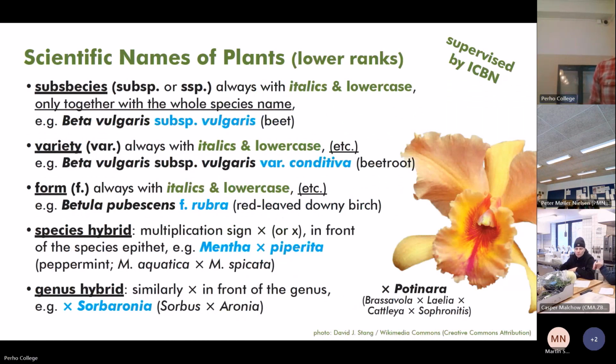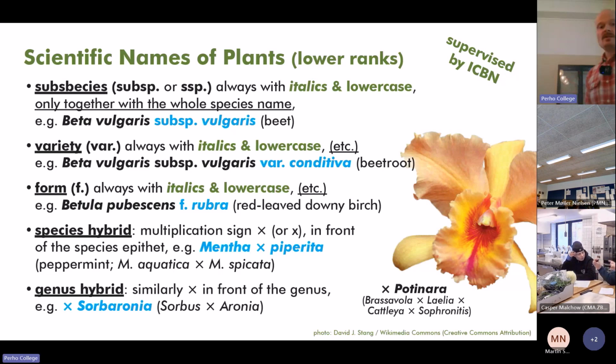Then some lower ranks under the species. So species can be divided into subspecies that slightly differ from each other, but they still are the same species. So these are things that are used quite often in, for example, cultivated plants.